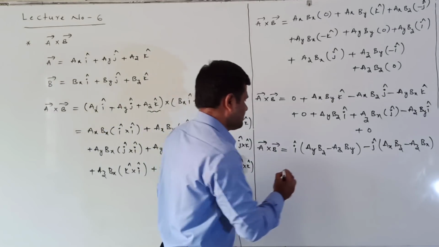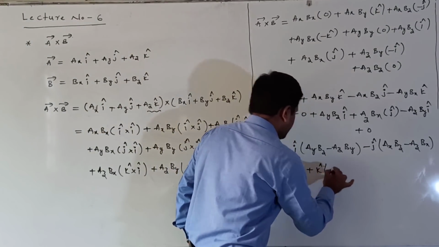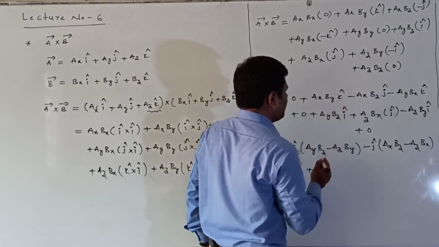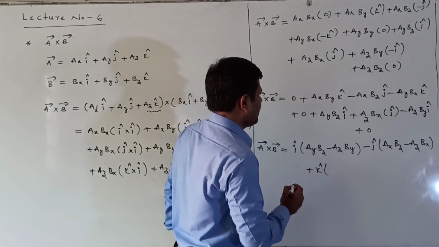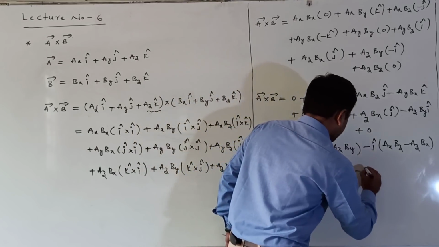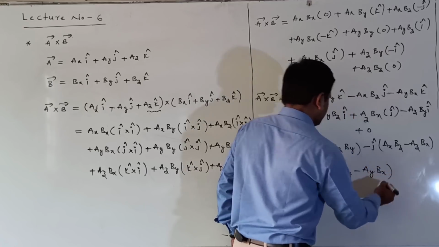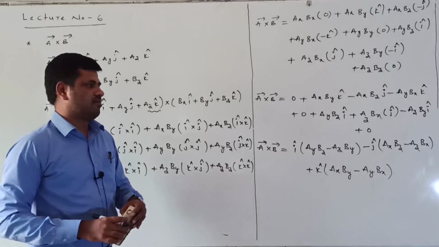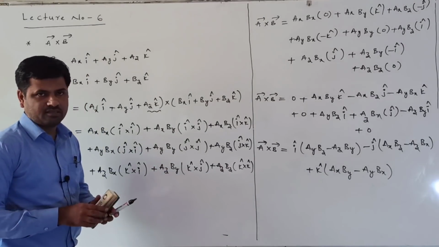Okay, plus k cap term taking common, here ax by minus ay bx. When the k cap term is taken common, this is called a bar cross b bar. We are getting a bar cross b bar like this.